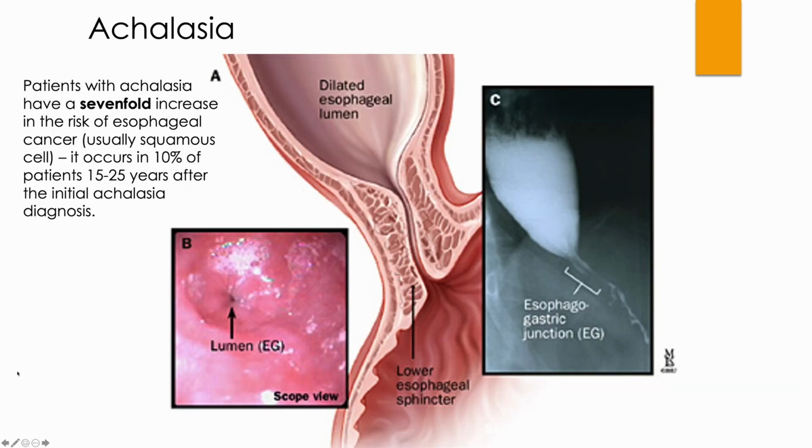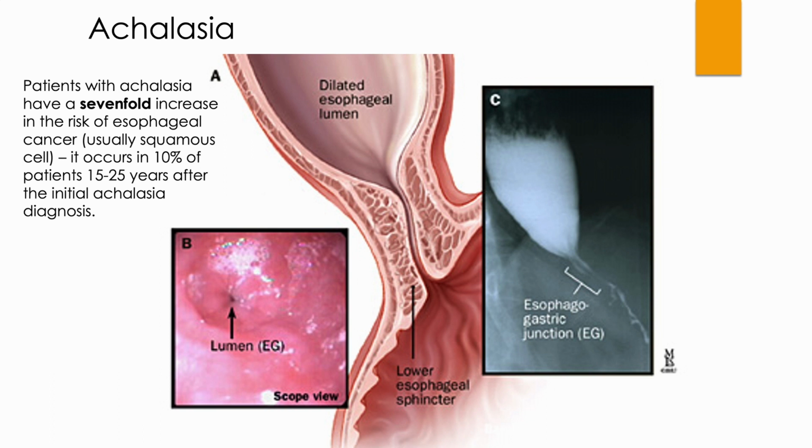So patients with achalasia have a 7-fold increase in developing esophageal cancer. It can be squamous or adenocarcinoma, but they do have a higher risk, okay? So we do have to be mindful of that. And a lot of times these tumors can go unnoticed because the esophagus is so dilated above that, and the patients are chronically ill.